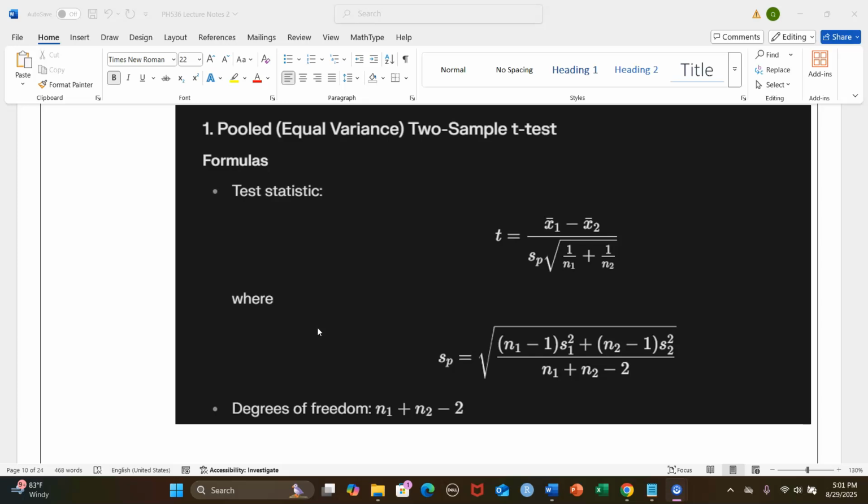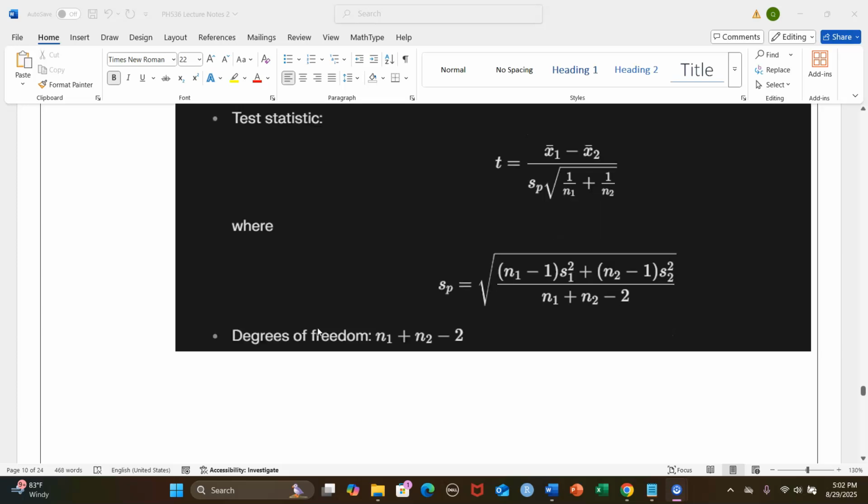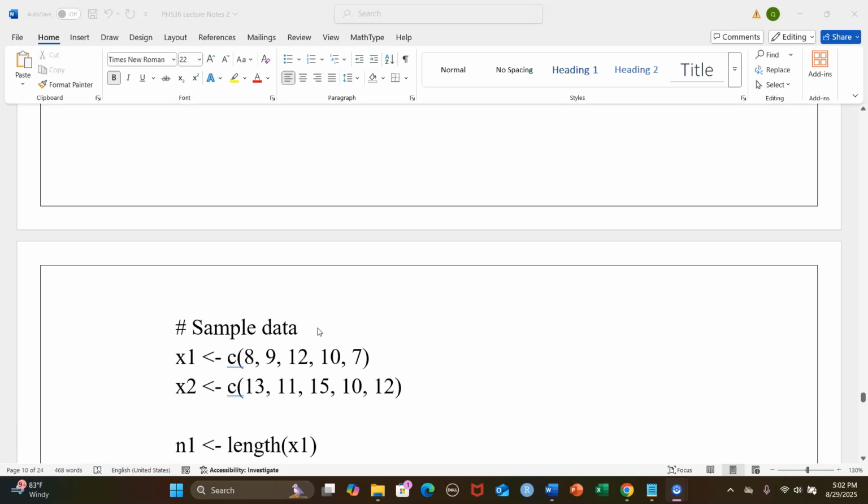Okay, and here sp is the pooled sample standard deviation. It is the square root of n1 minus 1 times s1 squared plus n2 minus 1 times s2 squared, divided by n1 plus n2 minus 2. Okay, and n1 plus n2 minus 2 is the degrees of freedom.